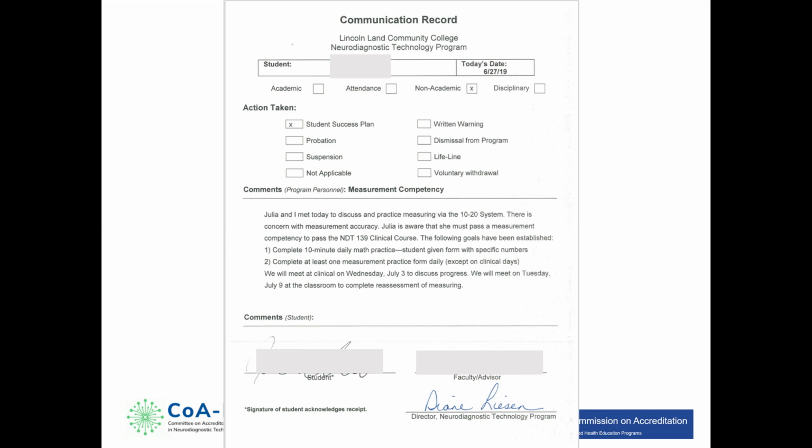They rarely give a comment, or sometimes they'll say, I'll do better, but there's not really a whole lot of buy-in from the student. It's just very one-way communication. So we use this just for routine documentation, but it doesn't really give any buy-in from the student.